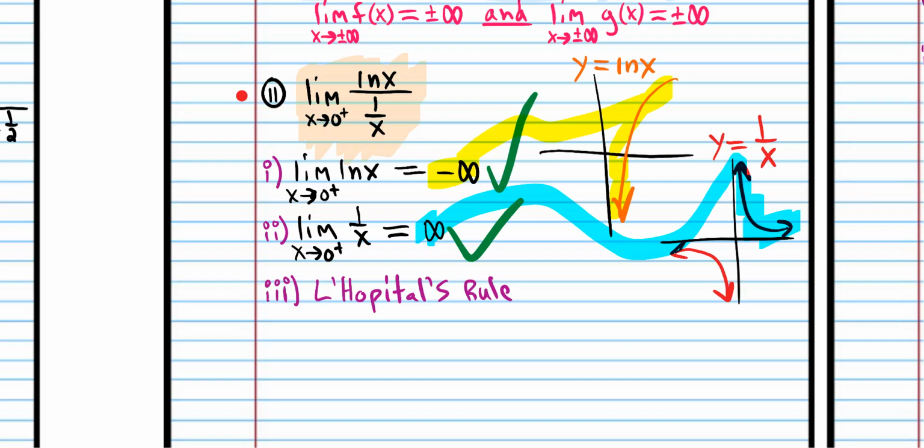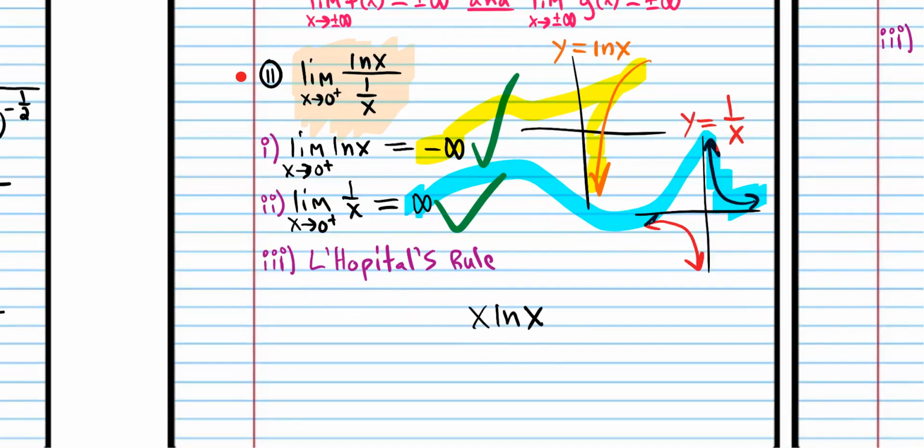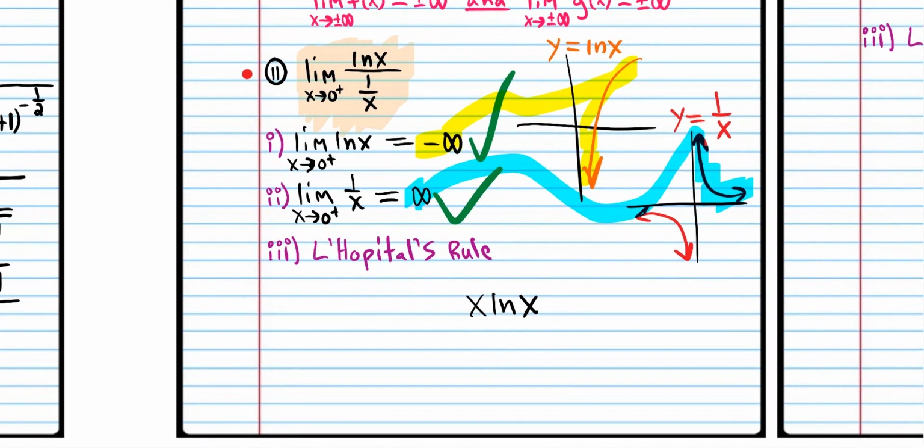In this case, if you simplify the complex fraction, you get x times natural log x. So as x approaches 0 from the right, x obviously approaches 0, and natural log x approaches negative infinity. So you have a product of 0 and infinity. That's one of those indeterminate forms that I told you we're not going to study.